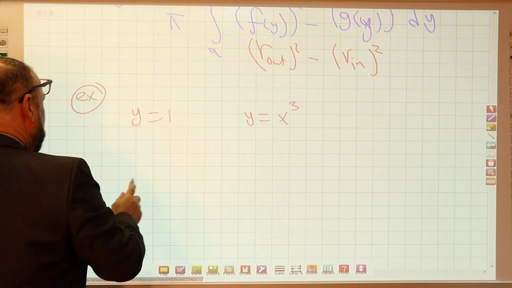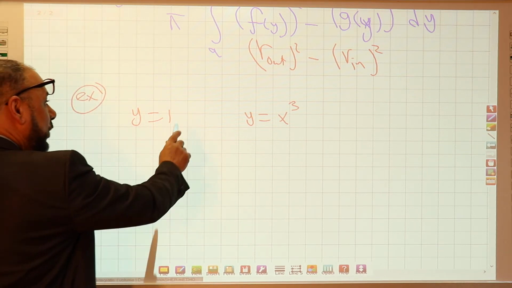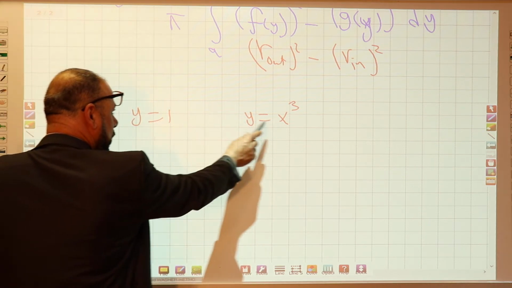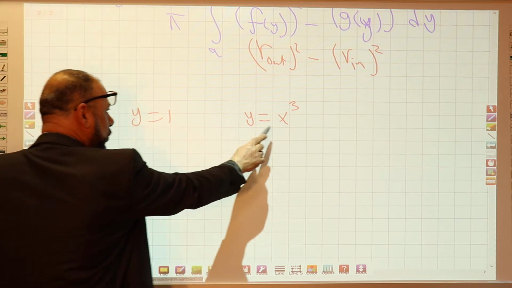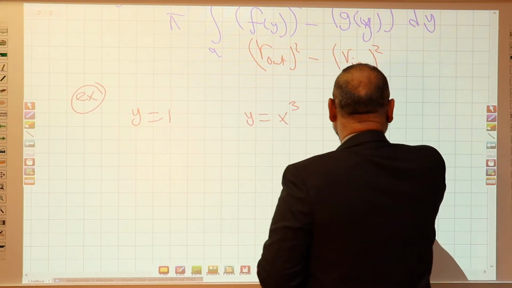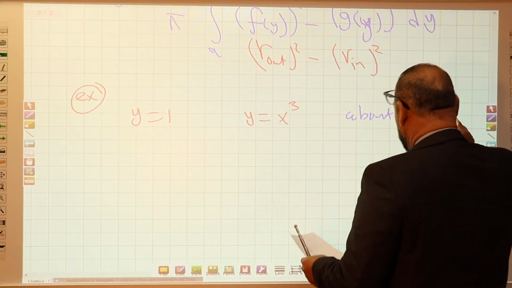We rotate the area between these two functions about the line y equals -3.